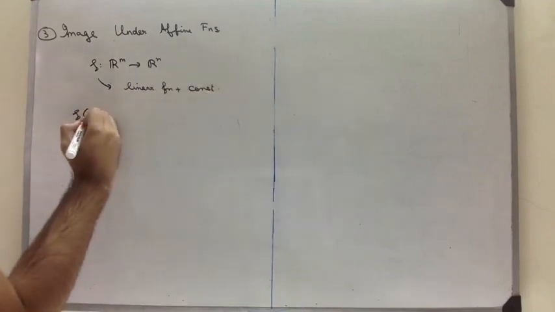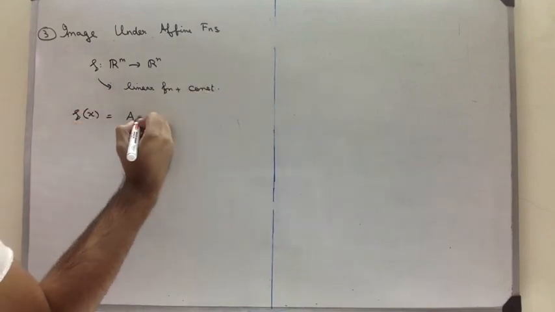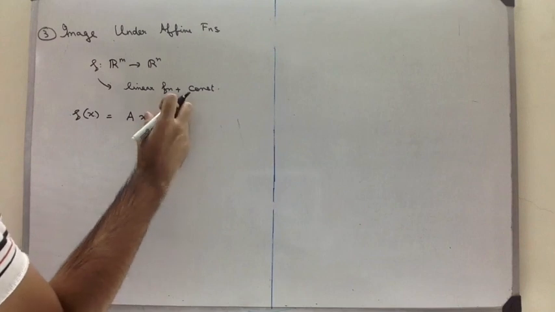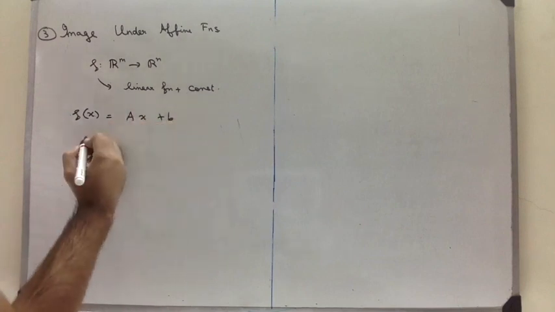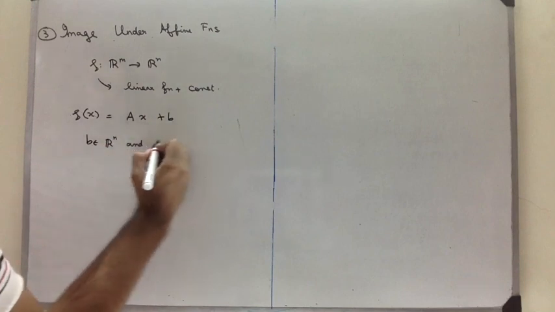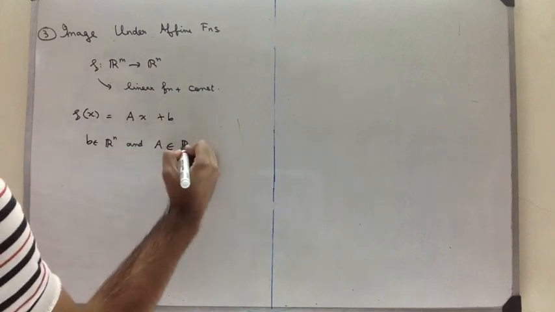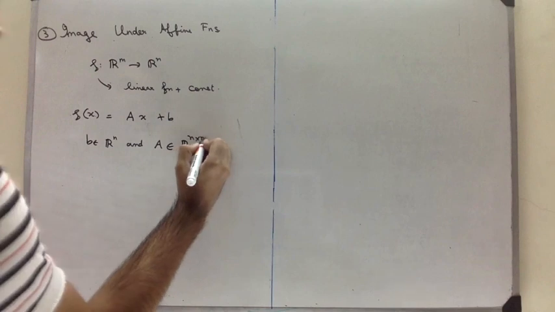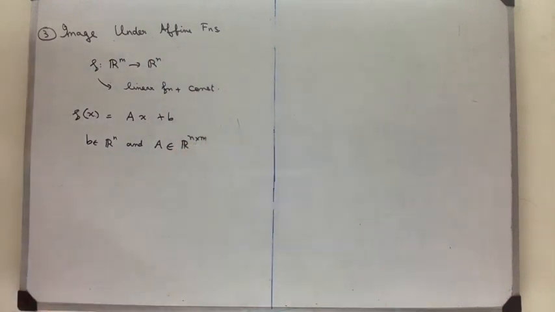So you can represent f of x as Ax plus b, where b is an element of Rn and A is an element of R n cross m.